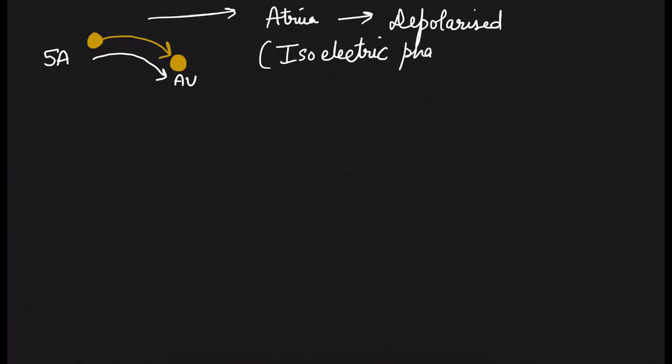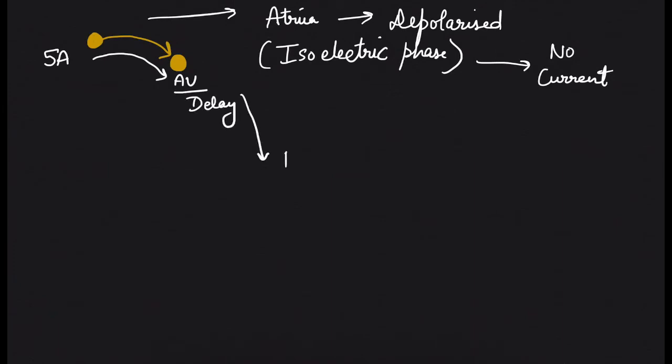Every muscle is in isoelectric phase, so there is no current flowing right now, and the impulse from AV node has not yet reached the bundle of His. There is AV delay. Because there is delay, the ventricles have not started depolarizing. So right now ventricles are not depolarizing, atria has depolarized, and the whole atria is in isoelectric phase.